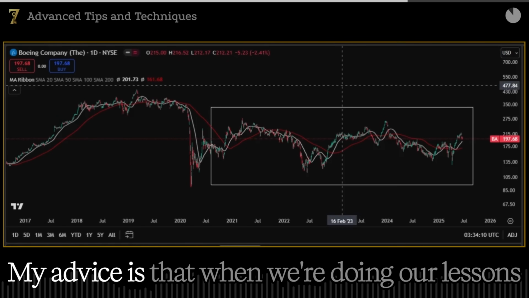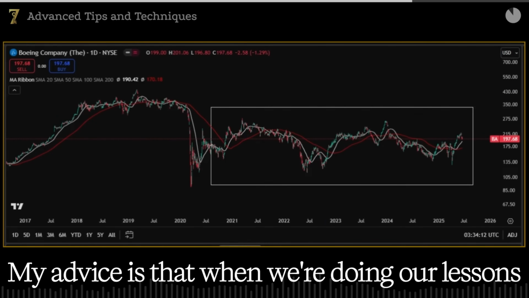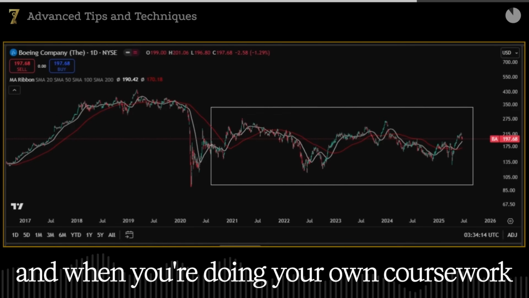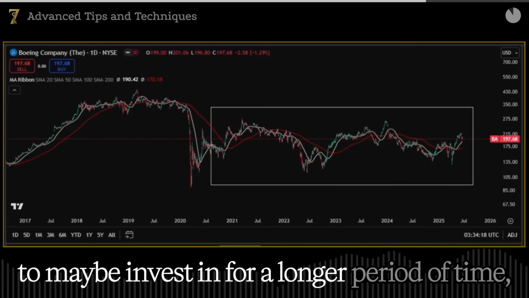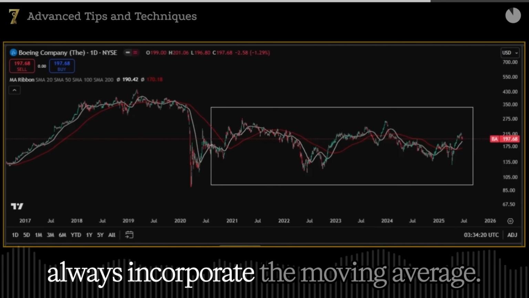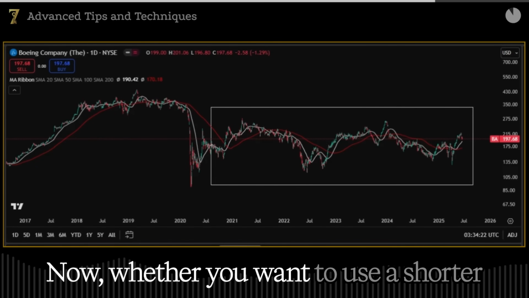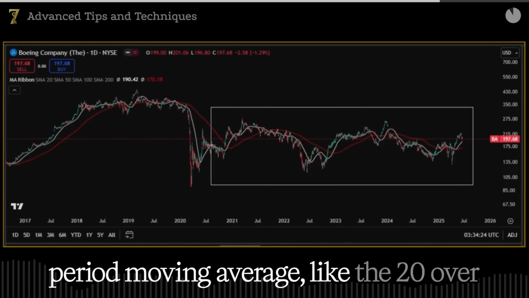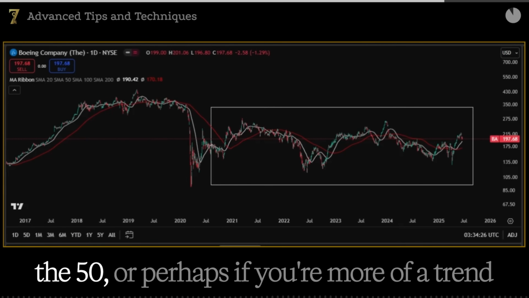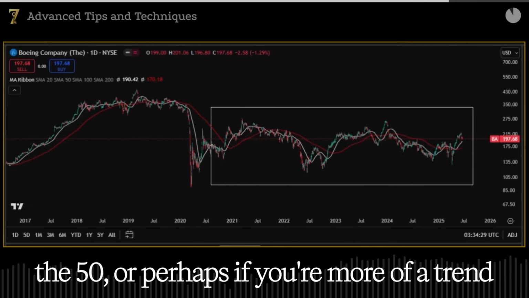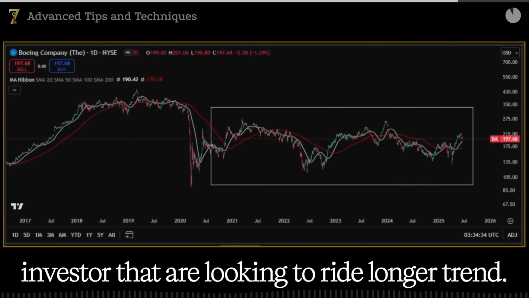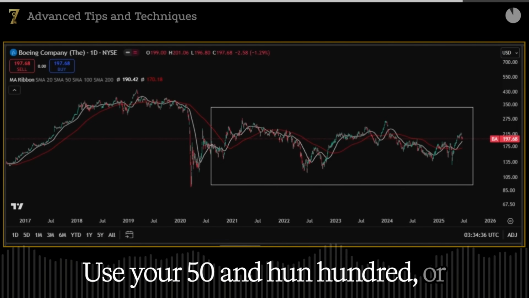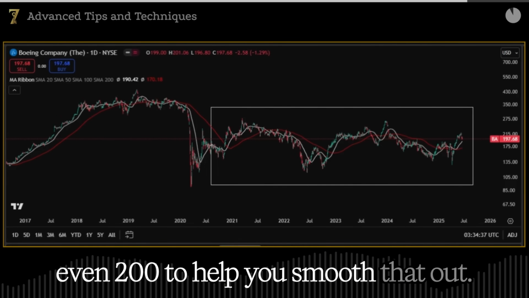My advice is that when we're doing our lessons, and when you're doing your own coursework for investments you're choosing to hold for a longer period of time, always incorporate the moving average. Whether you want to use a shorter period moving average like the 20 over the 50, or, if you're more of a trend investor looking to ride a longer trend, use your 50 and 100 or even 200 to help smooth that out.